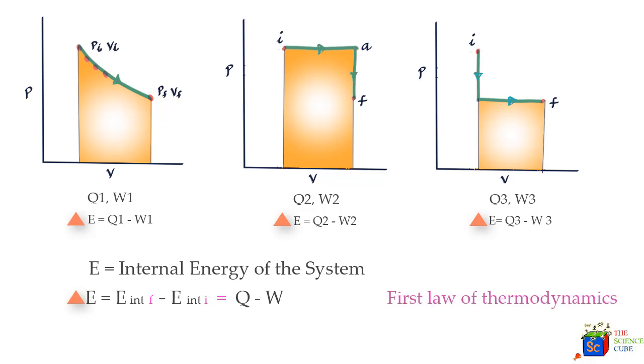And if the system undergoes very small change, we can write it as dE is equal to dQ minus dW.